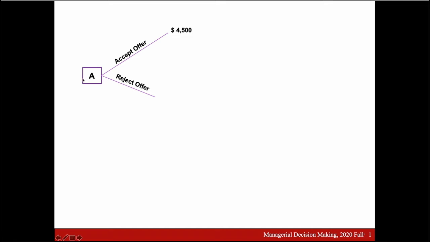This means we start with a square, not a circle, a square. With this square, we have two different options. When you construct a decision node, please write down your option decision on this arc. And when you accept the offer, this is your final branch, meaning the final leaf.